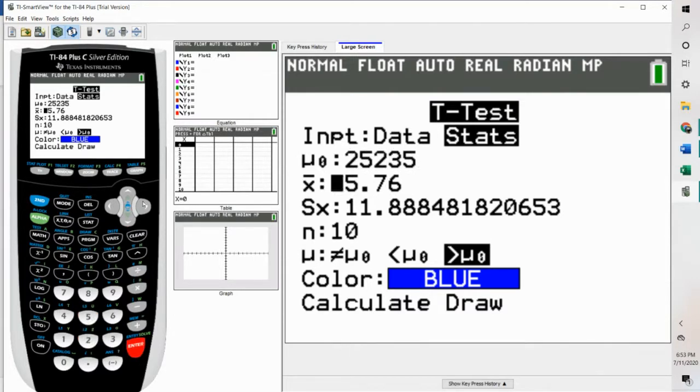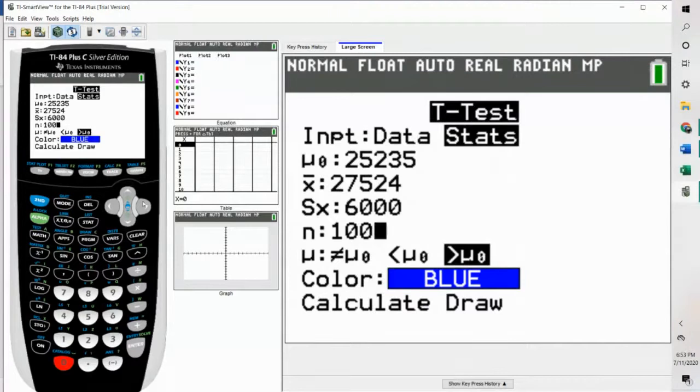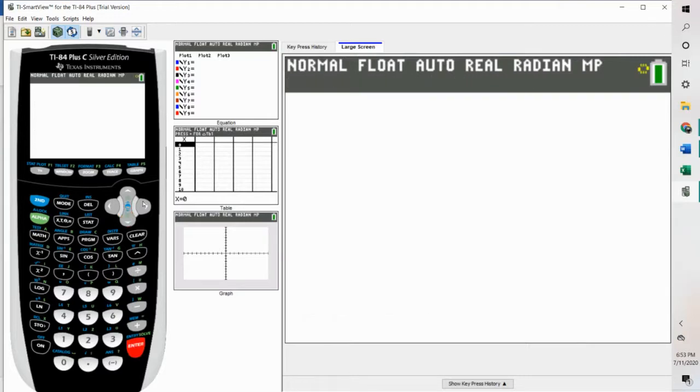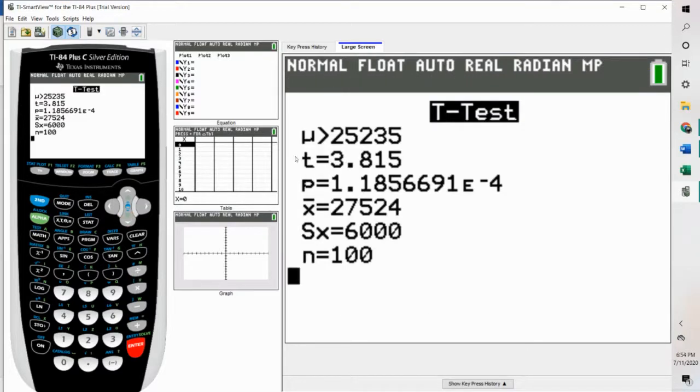The mean from the sample was 27,524 with a standard deviation of 6,000, and we had a sample of 100, and for some reason all the examples I picked were greater than. Let me calculate. Our t-value is 3.815.